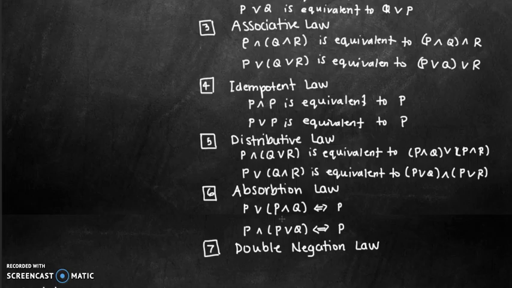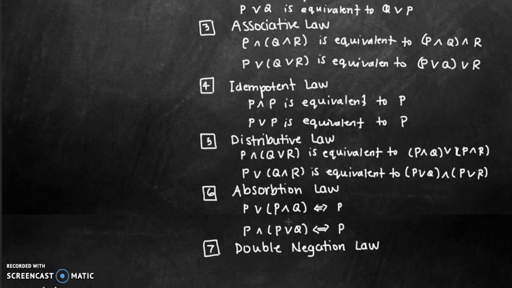So the reasoning behind these is that you have a P or a P and Q is the same thing as P, and a P and a P or Q is going to be a P. So again, this also isn't one that is usually readily apparent.